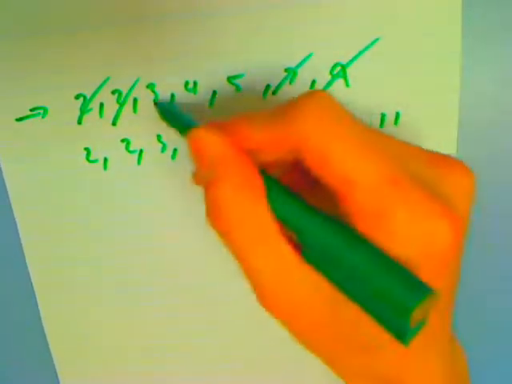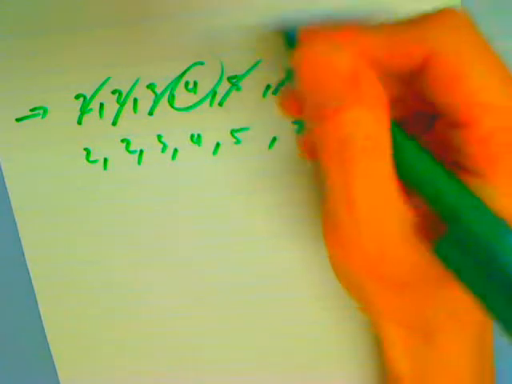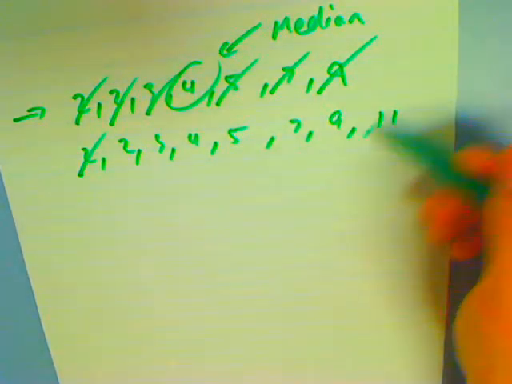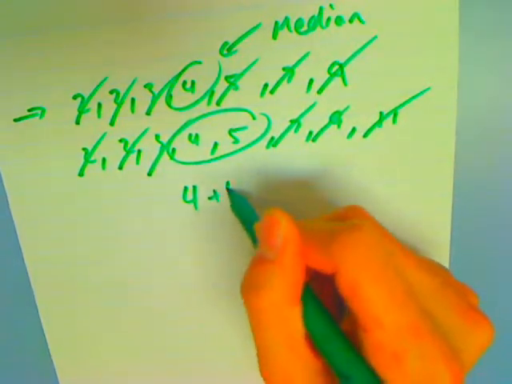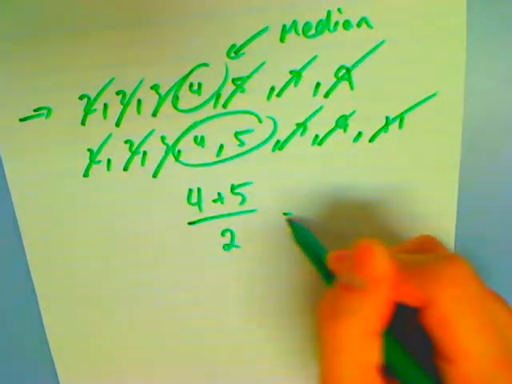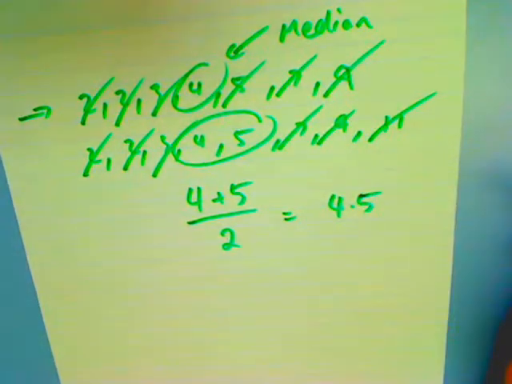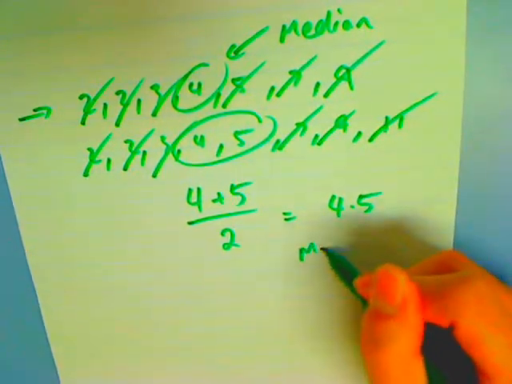Just cross off from each end. There's my median, it's just 4. Okay, but if I try a second set, I'm going to get stuck in between 4 and 5. So that means I can calculate it just like this. There's my median now.